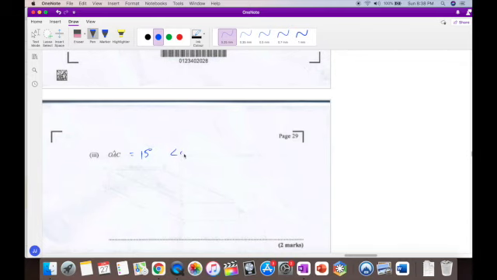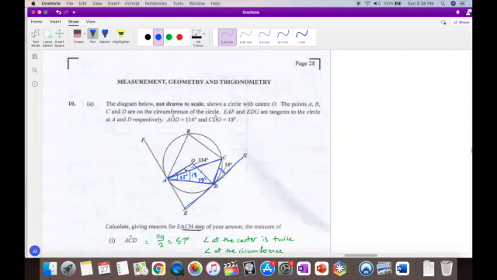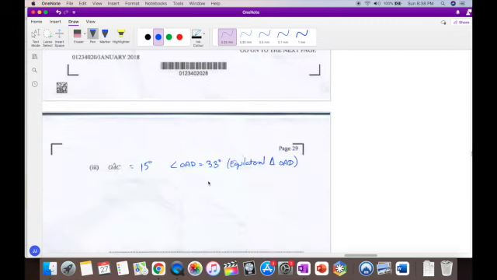Angle OAD equals 33 degrees because isosceles triangle AOD, so therefore OAD is 33 degrees, that angle particularly, right? And the angle CAD is 18 degrees.